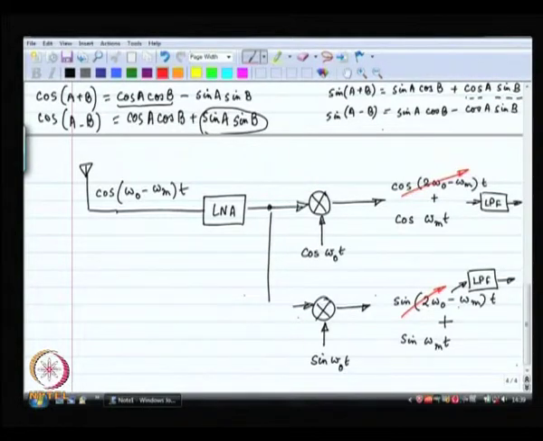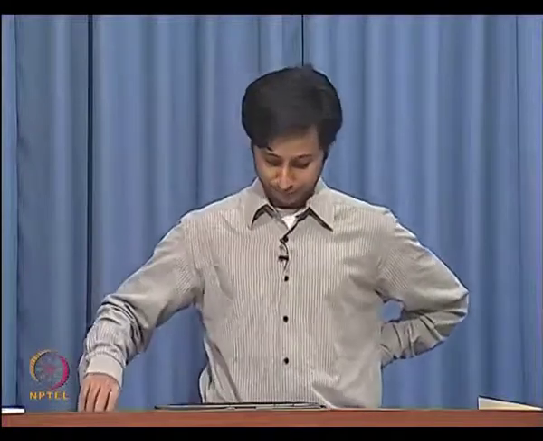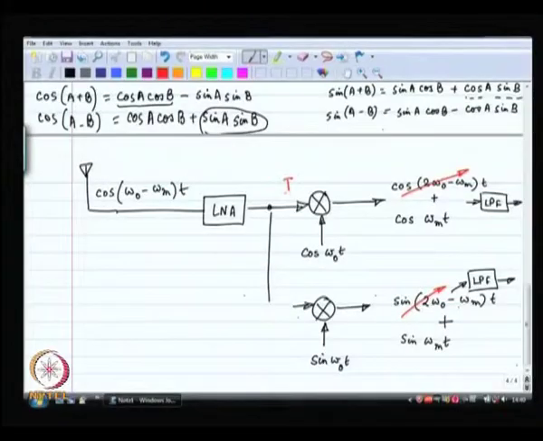This is straightforward. Only problem here is to once again generate cosine omega naught t and sine omega naught t at the same time. So, once again when we design our oscillators, we need to learn how to make quadrature oscillators. This particular thing is called the I path and this is called the Q path, in phase and quadrature phase. There are two paths over here. So, this is the basic idea of in phase and quadrature phase.